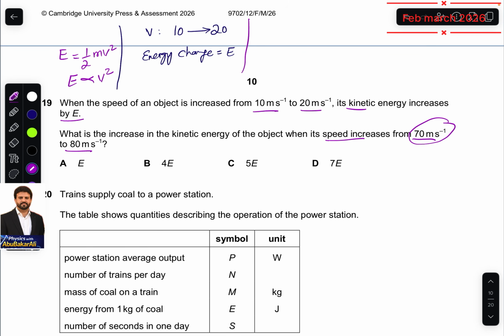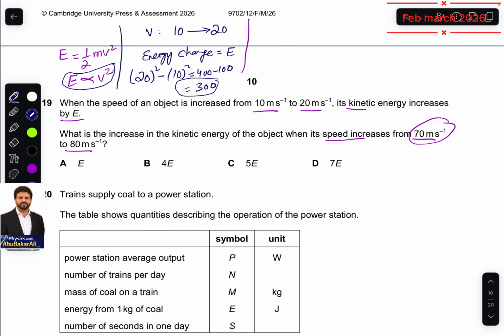We have to do this because energy is proportional to the square. So it's 20 squared minus 10 squared. So the change is 400 minus 100, that is 300. So in terms of squares, because we are finding that the energy is proportional to v squared, not v, that is the change in energy, the number we got.